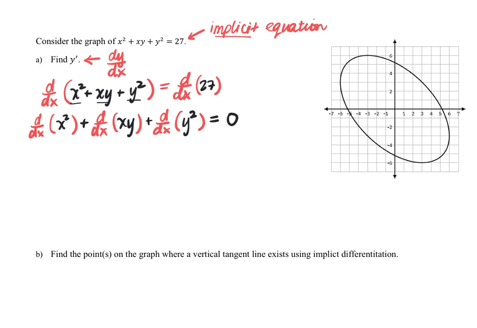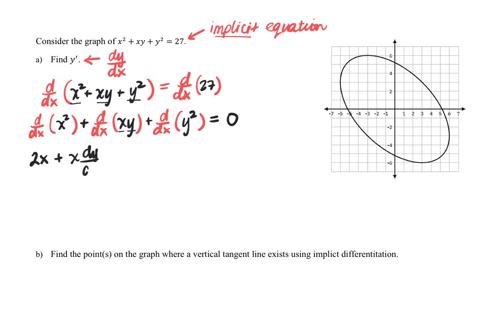Back to the left side, so we need to take the derivative of these three terms. The derivative of x squared will just be 2x. And then we have to remember that the derivative of x times y requires the product rule because we have a product here. So we will take the first factor, x, and multiply it by the derivative of y.